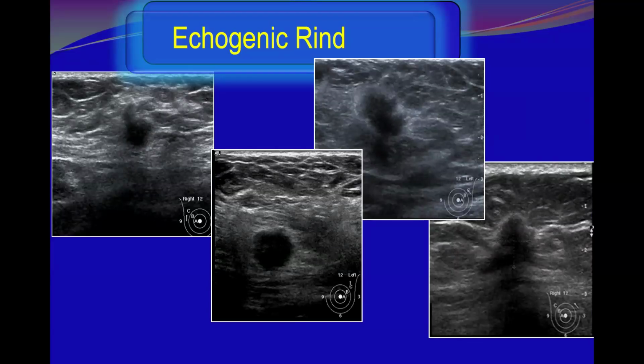Okay, this is also an example of my patients with echogenic rind. Can you see the echogenic rind varies between this and this? But look at the cursor, at the marker. Look here, this lesion was at the mid-axillary line. This one was at the axilla.